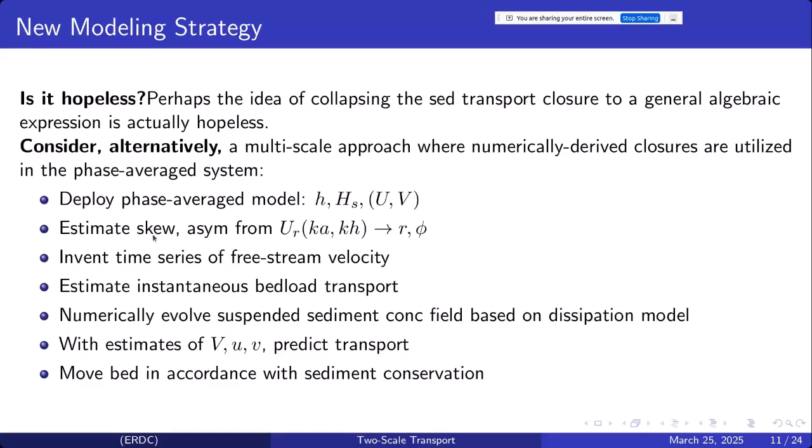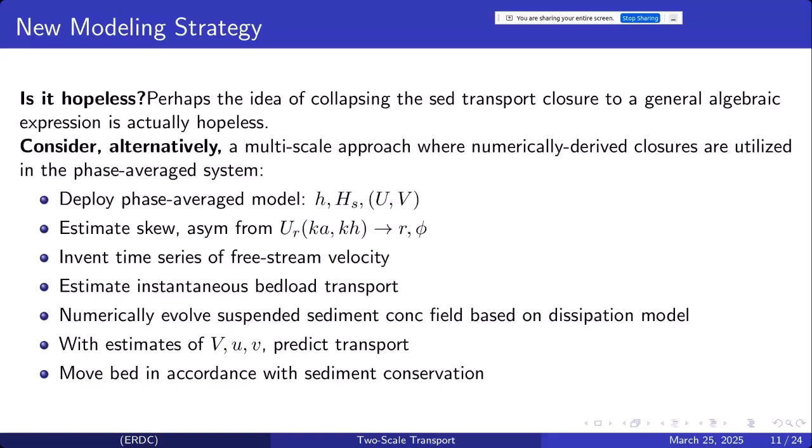Okay, and then we'll estimate the skewness and asymmetry because we want to have a natural waveform based on your cell number. And then we're going to invent a time series of a free stream velocity. And what I'm going to show here is all monochromatic. And maybe in the conclusions, I'll talk a little bit about the extension that we need to do to the random wave field.